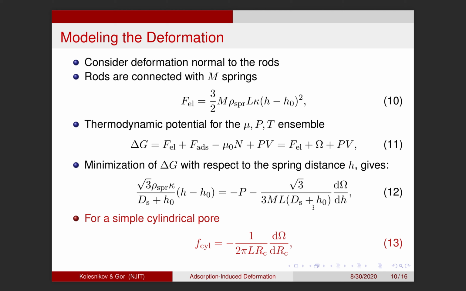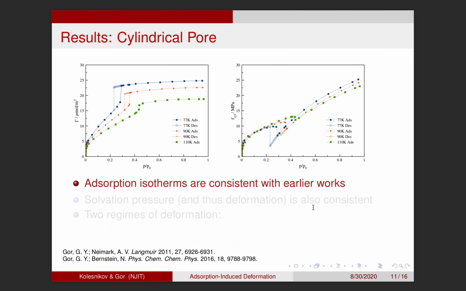And when showing the results, I'll start from showing what we have for the cylindrical pore. So results for the cylindrical pore. On the left, I'm showing adsorption isotherms calculated by our DFT model for the cylindrical pore for nitrogen adsorption at 77 Kelvin, this leftmost curve, 90 Kelvin, the middle curve, and the green curve is 110 Kelvin.